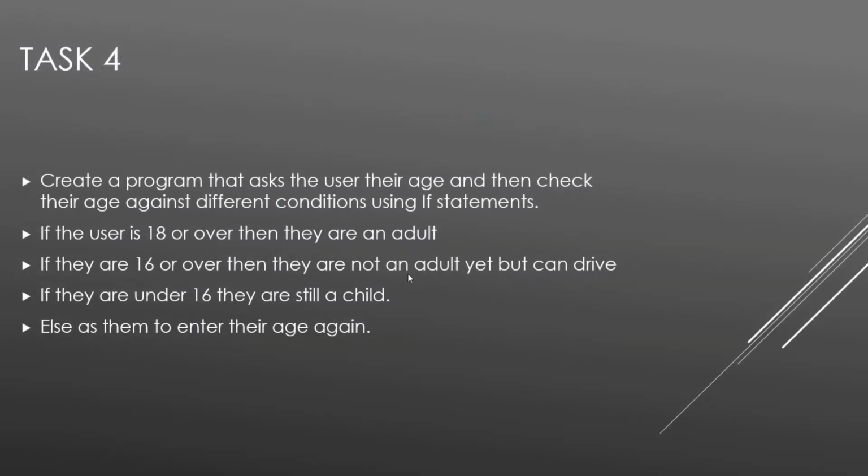So the fourth task I want you to do, you will have to make use of those data types. So you're going to practice assigning data types to an input. What you're going to do is create a program that asks the user their age. So if we're asking someone their age, what data type do we think that's going to be?